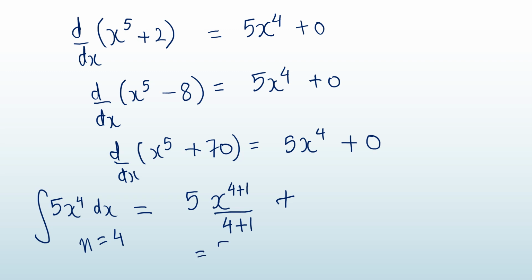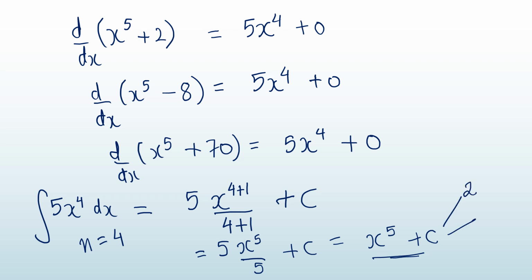So that equals 5 times x to the power 5 over 5 plus c, and simplified, it gives us x to the power 5 plus c. Can you see the link between the antiderivative and these functions? That c could represent the 2. It could also have been the -8 or the 70. So c represents any potential constant.